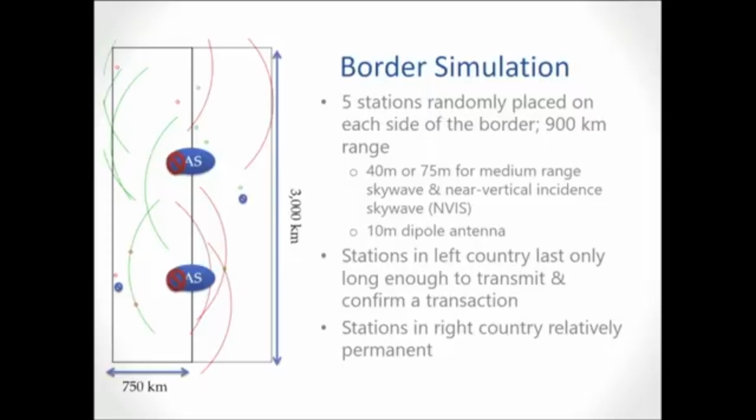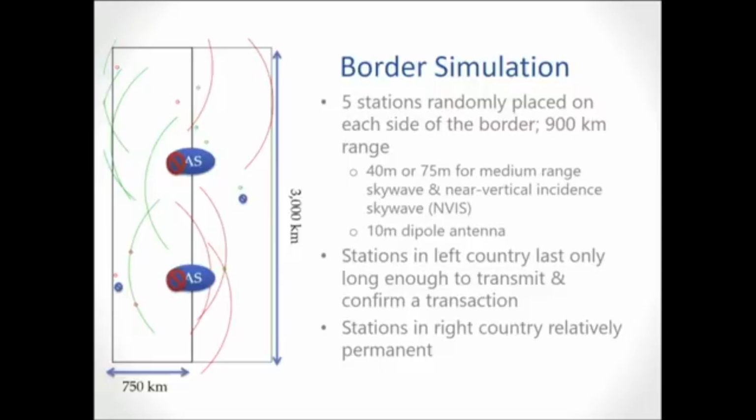So I'm assuming they live in some random place in a 750 kilometer wide strip along this 3,000 kilometer border. This is just an imaginary situation that somewhat corresponds to real geographical distances and full node densities.